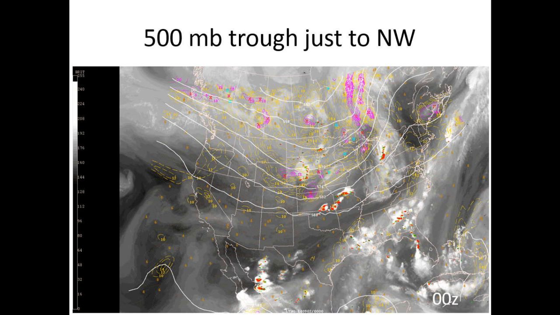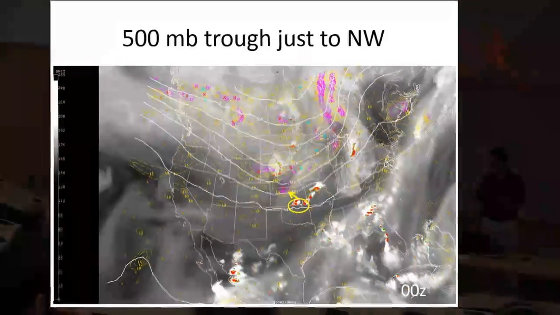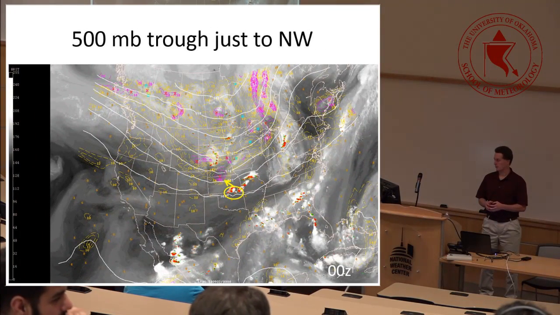All right, and another factor you have to consider, again, we're kind of on the southern fringe of the flow. This is 500 millibar heights and vorticity, and you see the convection there along the Kansas-Oklahoma border, not terribly far removed from a little speed max that's moving across northern Kansas and southern Nebraska. So there's potentially some influence if the system slopes down to the southeast with height, which it did.